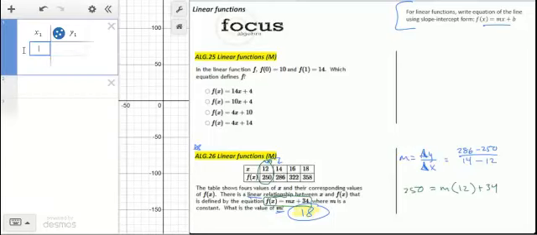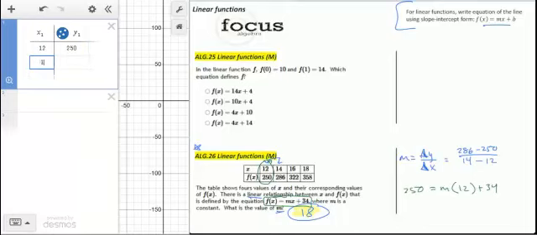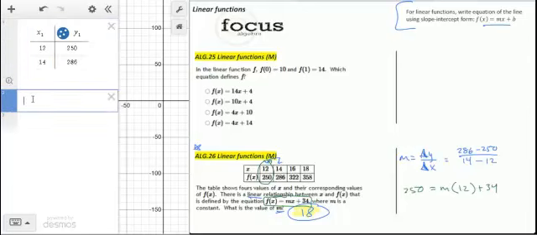Now here's the thing: when you're using regression equations, you need one more point than the power. A linear equation is a degree of 1, so you need just one more than 1, so 2 points. If I just put in the first 2 points, 12 and 250, and then 14 and 286, I don't even need to put in any others. This is going to be enough to give me my equation.